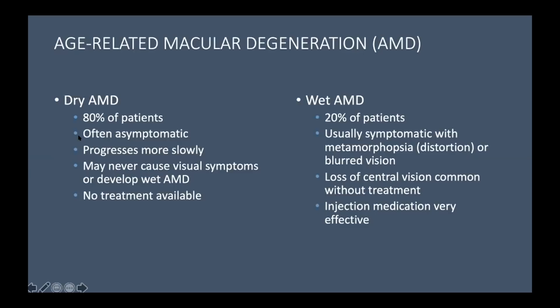Dry macular degeneration, as it's classically described, affects 80% of those patients with macular degeneration. The majority of patients with macular degeneration have the dry form. It's often asymptomatic, especially at the early stages. It progresses more slowly than wet macular degeneration, and patients may never develop visual symptoms, and they may never develop wet macular degeneration if they present with dry macular degeneration.